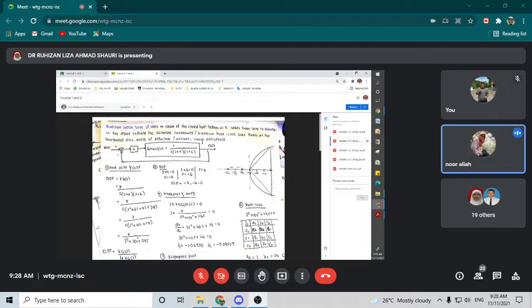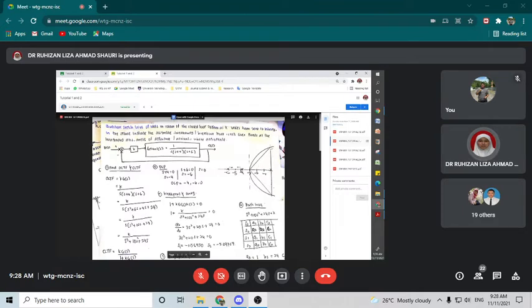Clear? So for this one, no need. Is there any angle of departure there? What do you think? No. Why? Because it's all on the real axis. There are only real open loop poles, right? There are no conjugate poles.